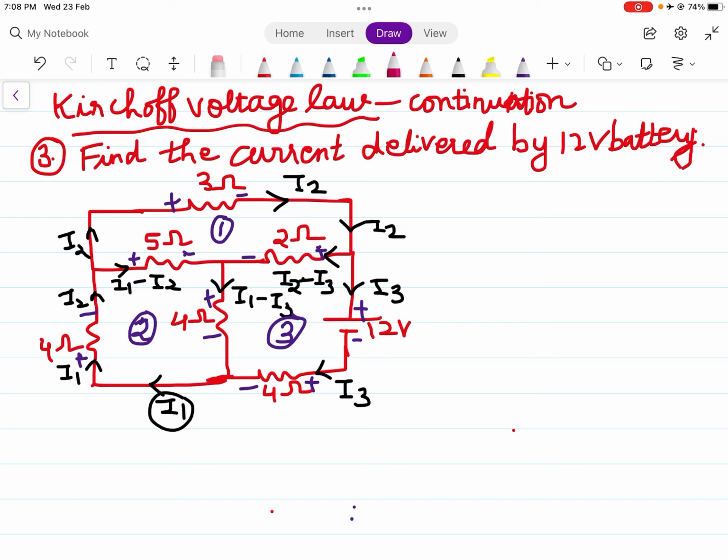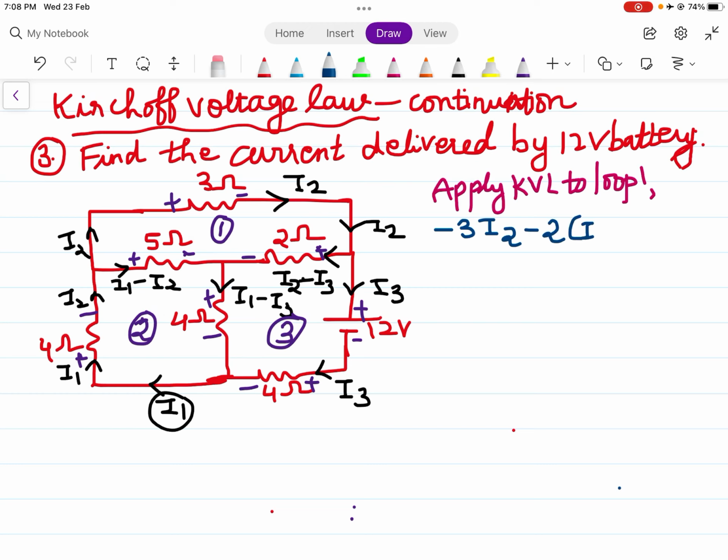So first apply KVL to loop number or mesh number 1. When I apply KVL to mesh number 1, I get positive to negative minus 3I2, positive to negative minus 2 times I2 minus I3, and plus 5 times I1 minus I2 equal to 0.